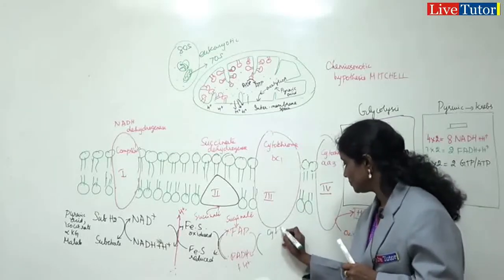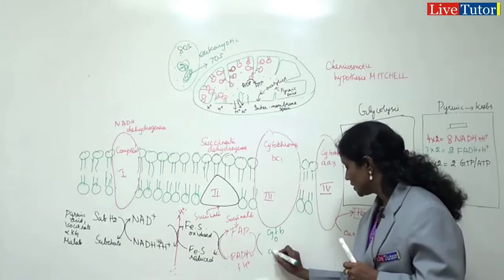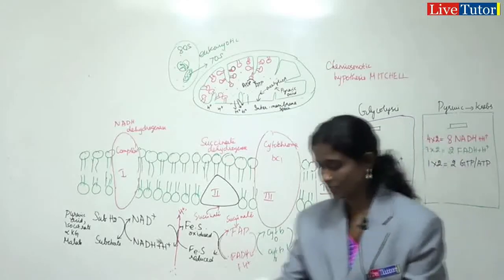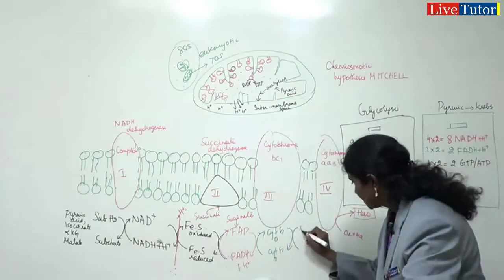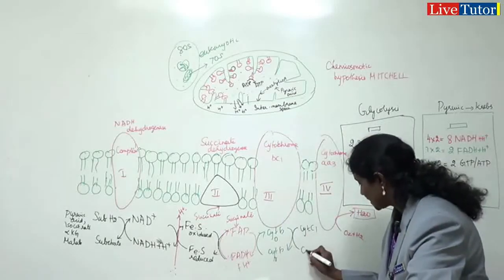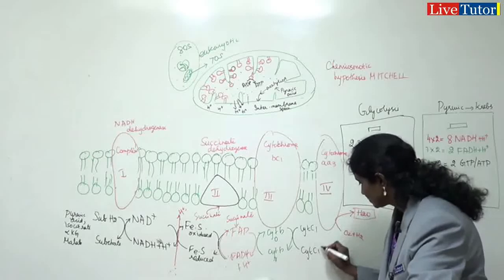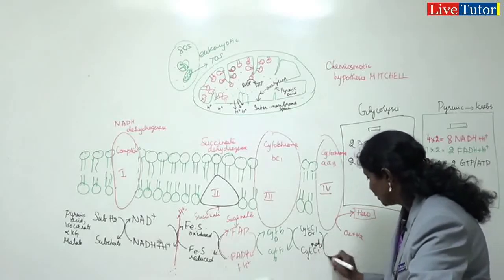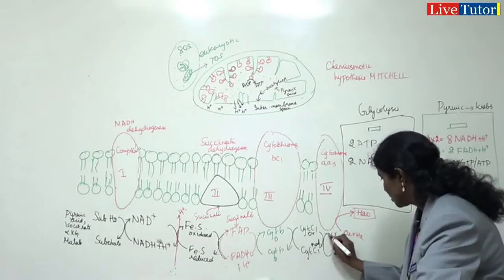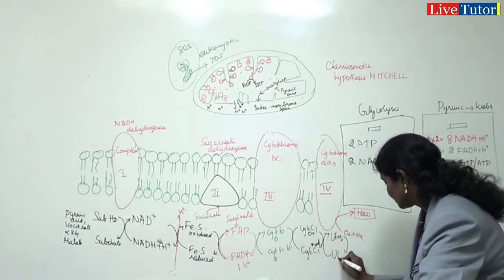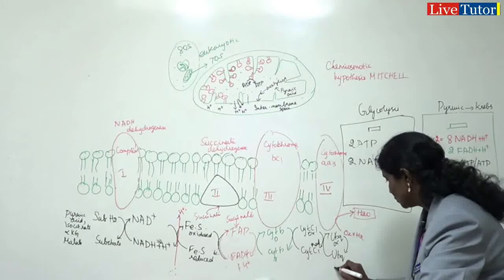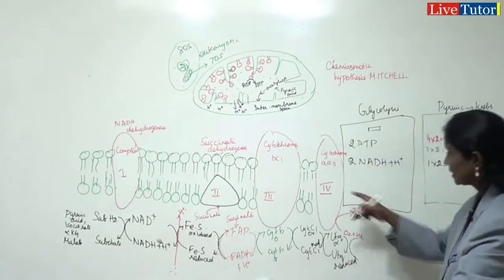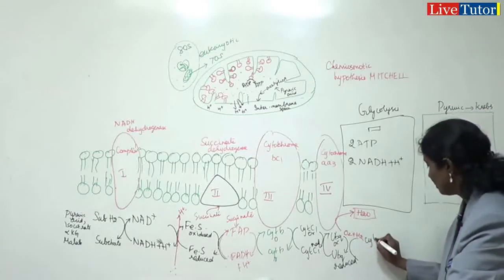Cytochrome B, oxidized, reduced; then cytochrome C1, oxidized, reduced; then ubiquinones, oxidized, reduced; then the last one, cytochrome AA3.